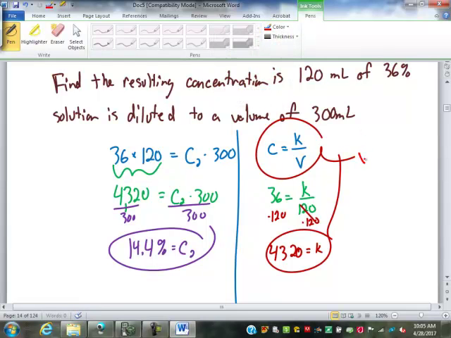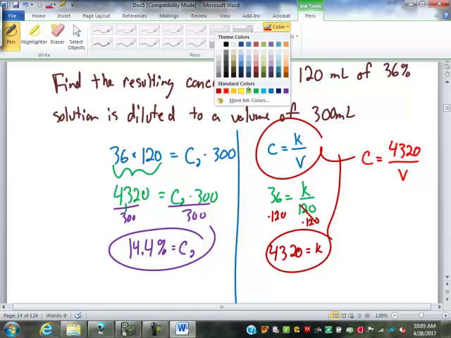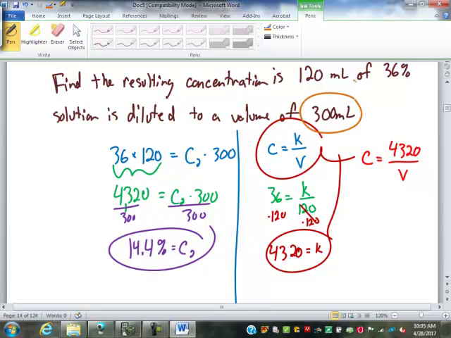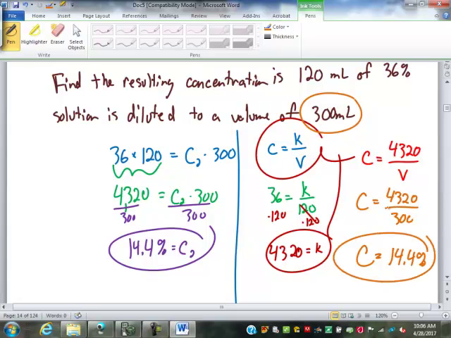So that relationship is concentration is equal to the constant of 4,320 over the volume. And we're now finding the concentration when the volume is 300. So C equals 4,320, putting 300 in for V, we divide, and the concentration is 14.4%.